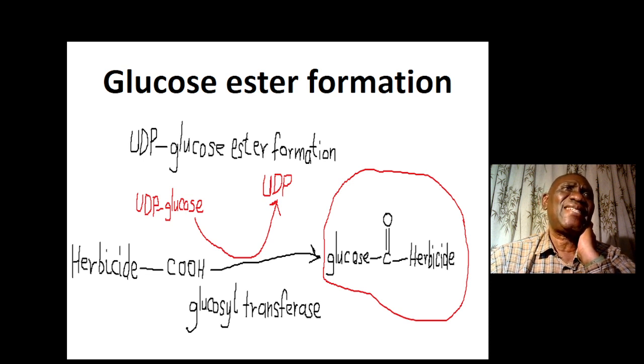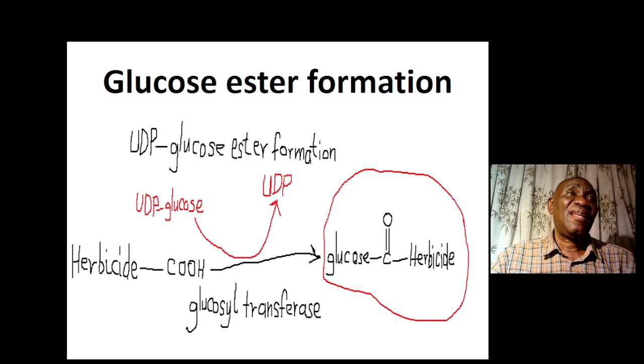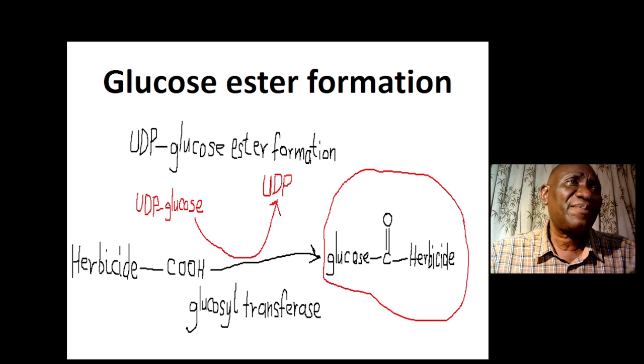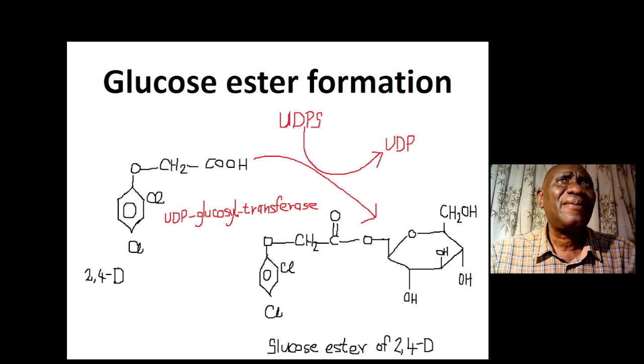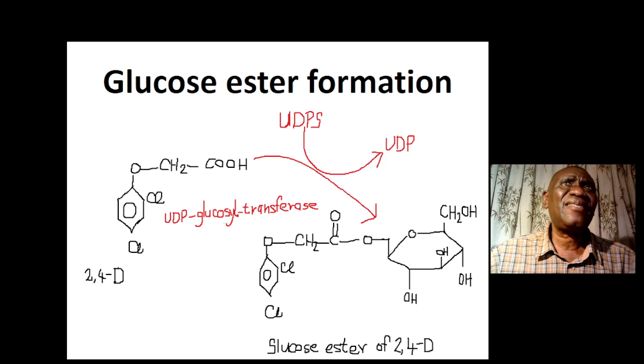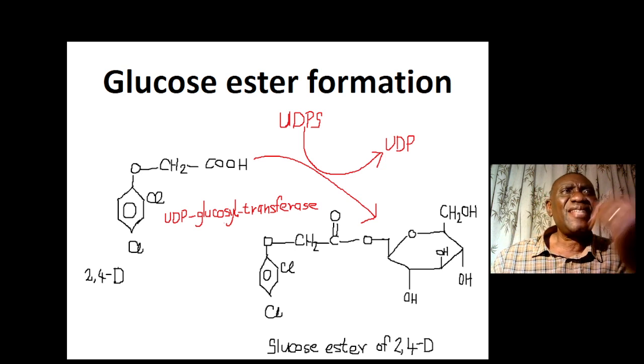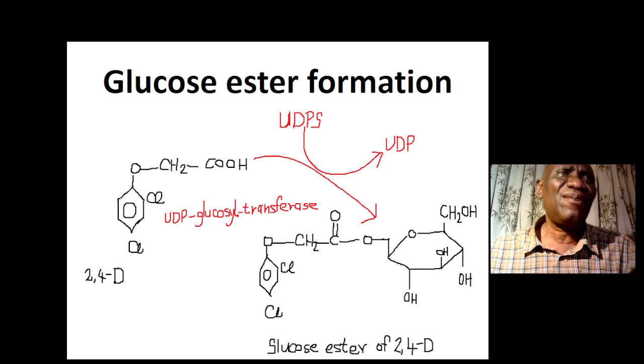Again, glucose is added into the process, resulting in the formation of an ester. Glucosyltransferase is required as well. This can take place in 2,4-D, right? Where glucose is actually added and it forms glucose ester of 2,4-D.